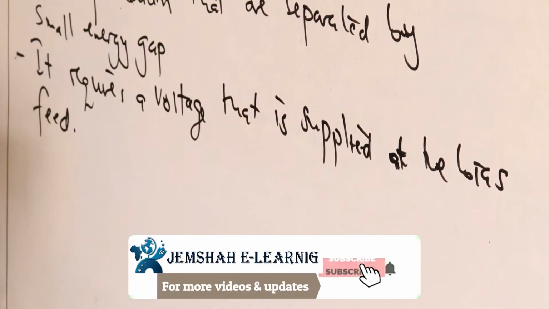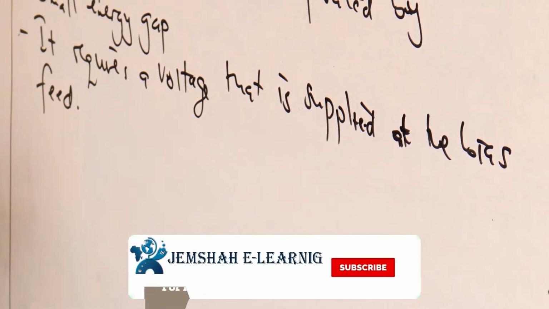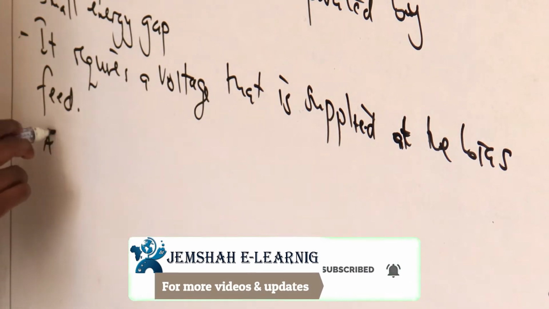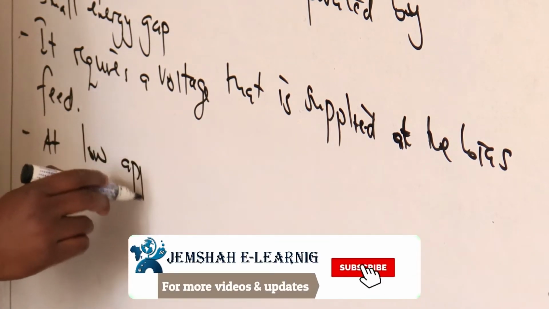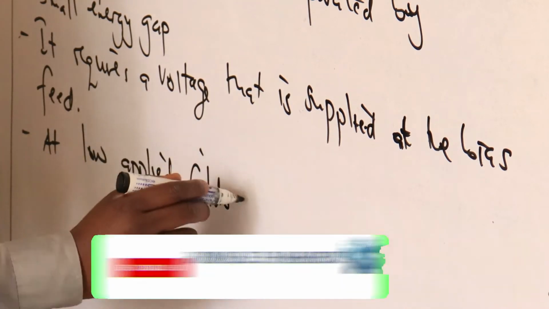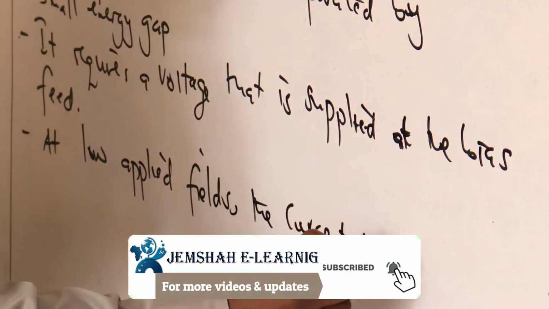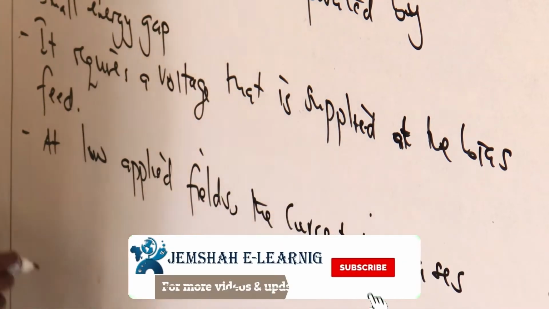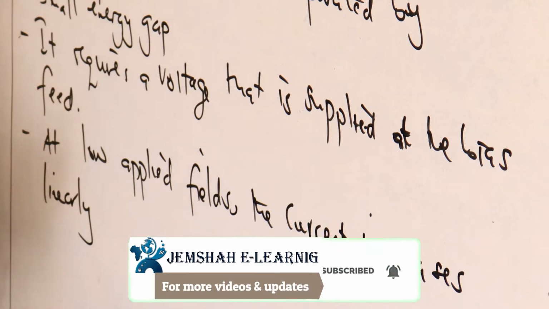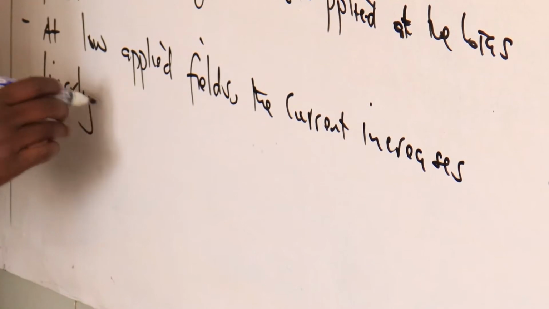Having all this, how does it operate? At low applied fields, the current increases linearly with the voltage.